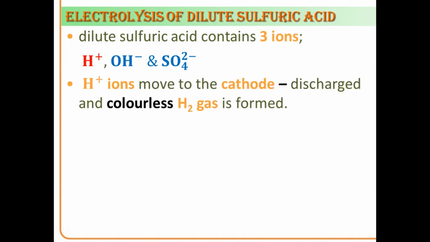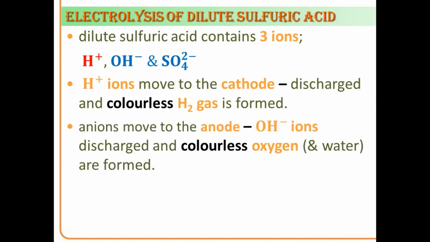In this case, there is no competition because we only have one type of ion, the H+ ions. They are going to be discharged and hydrogen gas is formed. What do we observe? At the cathode, we are going to observe bubbles, you can say effervescence, and we are going to see a colorless gas.